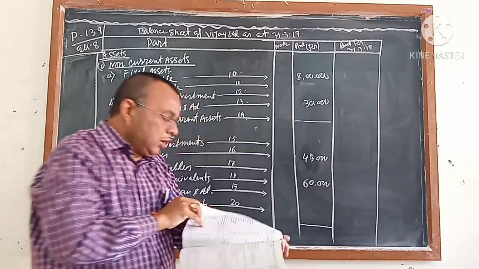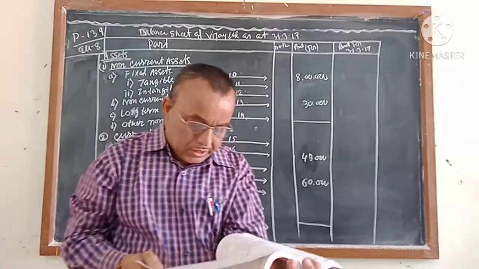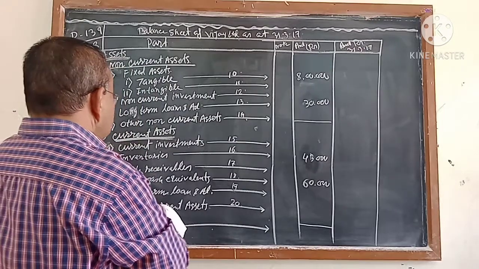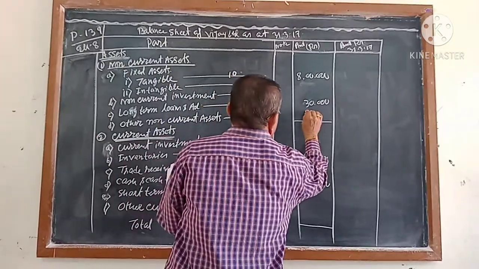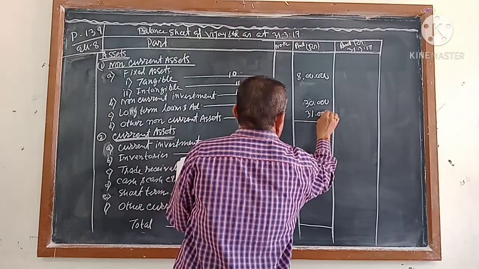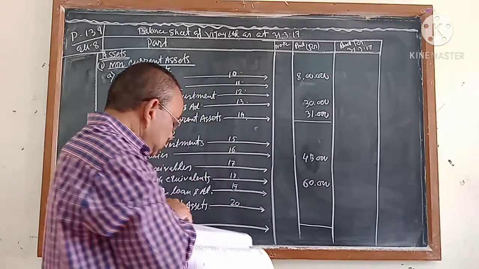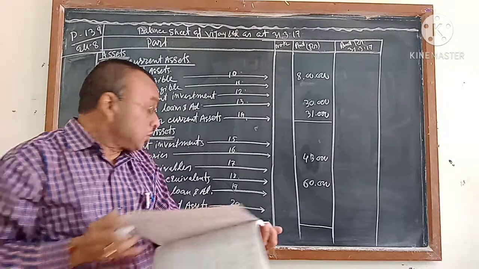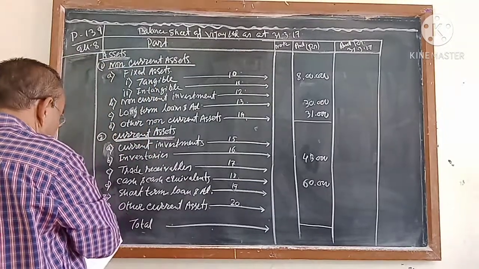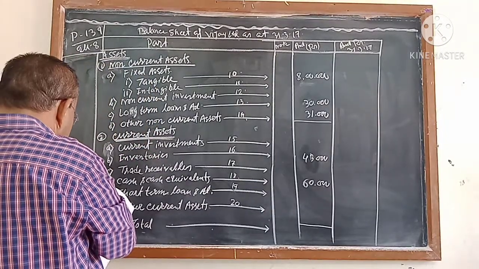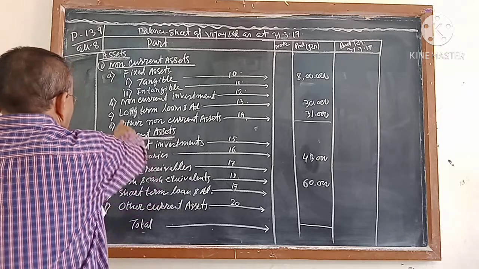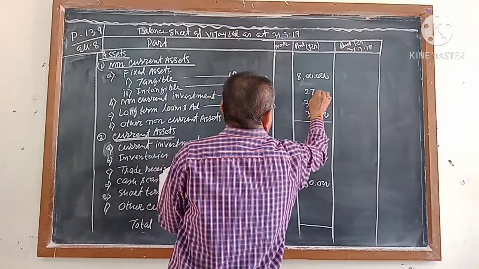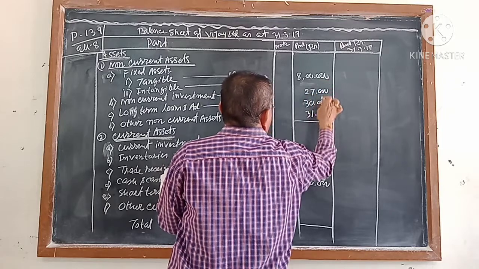Same thing, only question को copy कर देना है, nothing is there. Others non-current assets 31,000. Next you are getting non-current investment 27,000. You are getting here non-current investment 27,000. 1, 2, 3, 4.